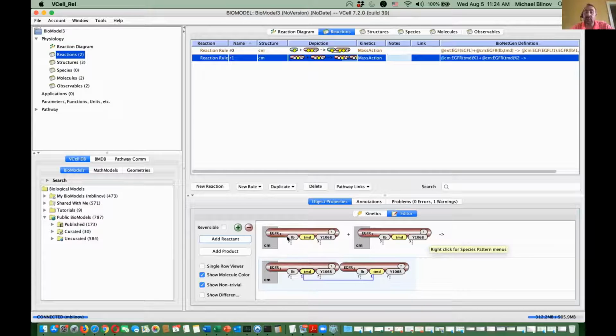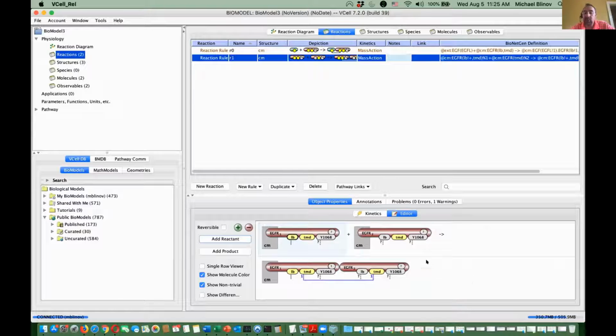Or you can say that we must have at least one ligand to drive these receptors into a dimer. So for that, we have a has external bond. And that's enough, because by rule 1, this site can be bound only to EGF. So we don't need to say that EGFR is bound to EGF ligand. We just say that it's bound.